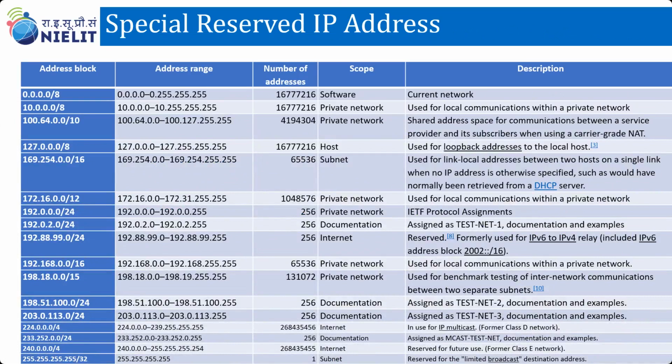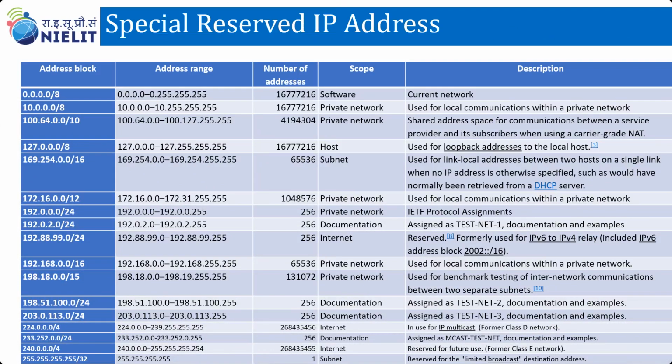This range, 169.254, is allocated only when you have configured your machine as a DHCP client. You have selected obtain IP address automatically in your NIC card, and there is no DHCP server present in the network.